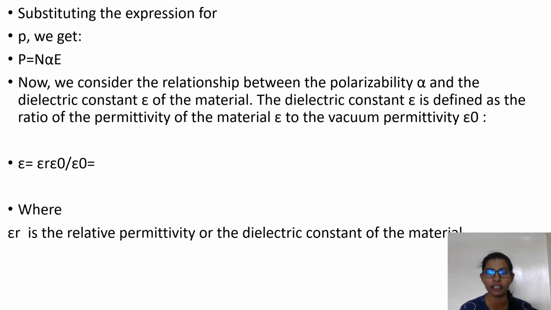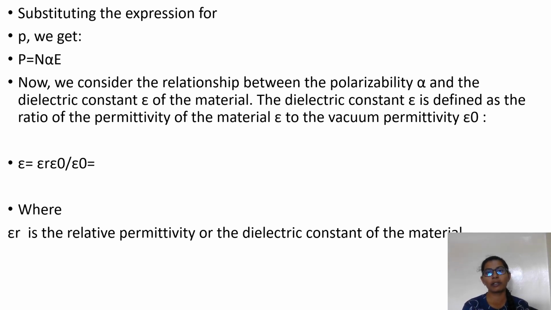Now we consider the relationship between the polarizability alpha and the dielectric constant epsilon of the material. The dielectric constant is defined as the ratio of the permittivity of the material epsilon to the vacuum permittivity epsilon naught.